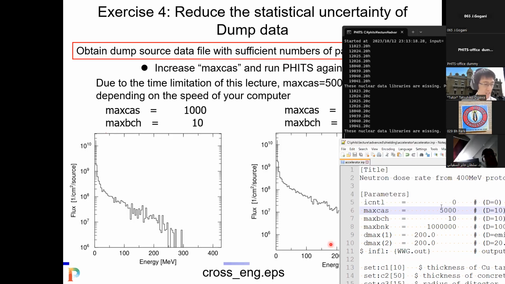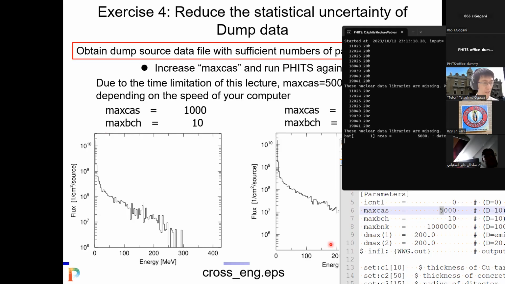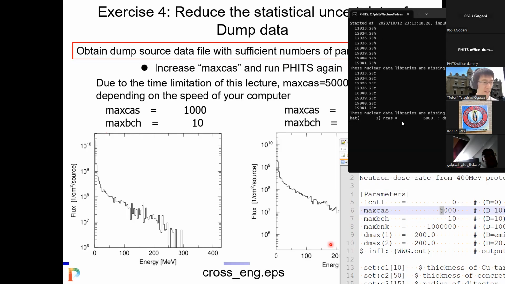So in this exercise, what you do is to change maxcas to be something larger. It takes long as expected, but we can do nothing but wait until it finishes.